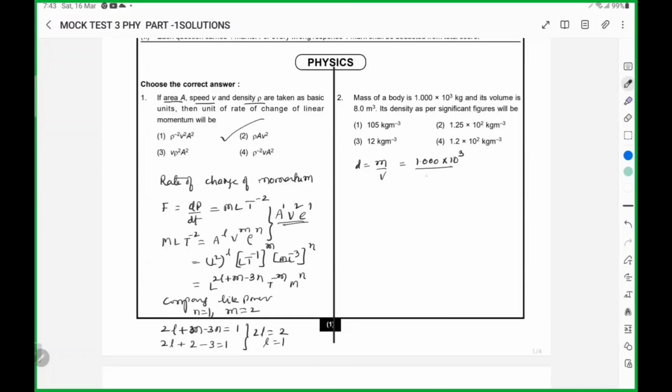Volume is 8.0 meter cube. So here, after a decimal point, zeros are significant. So this has 4 significant digits. Here you have 2 significant digits.